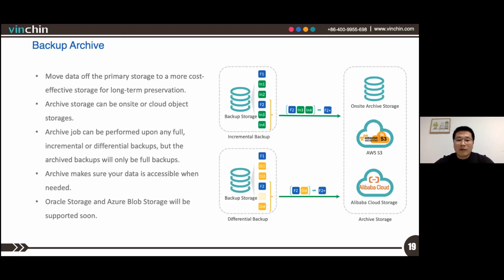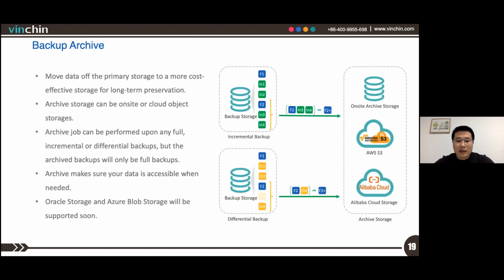Archive can be performed upon full, incremental or differential backups, but when archived to the archive storage, only full backups will be saved. So it is different from the backup copy feature, as the backup copy will replicate a copy of the backup data to the copy storage, but in the archive storage only full backups will be saved.